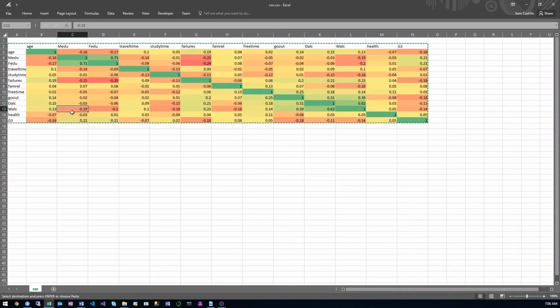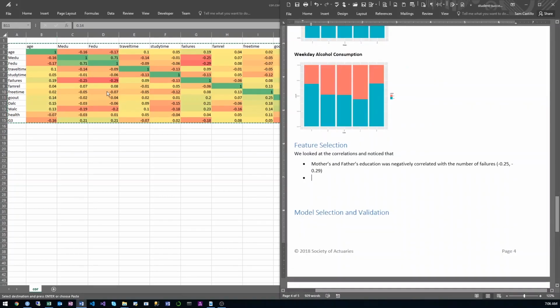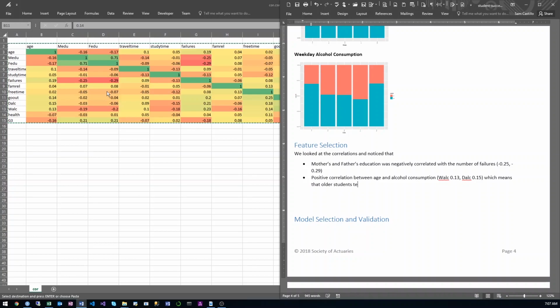And we also see weekend alcohol consumption and age are positively correlated, which means that older students tend to party more.